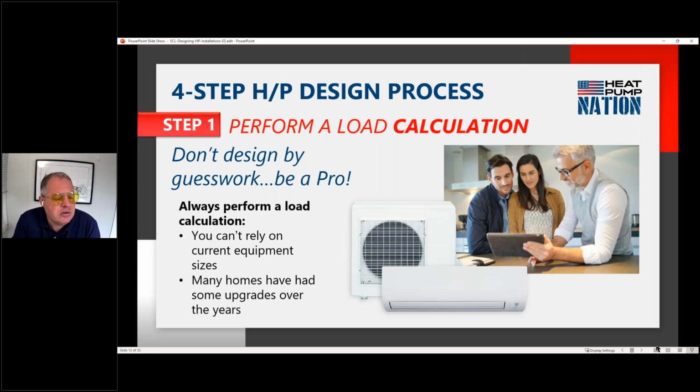But when you do the load calc, you'll quickly discover that the heating requirement of the home on the reasonably coldest design day of the year is 30, 40,000, 50, something like that, maybe 60. And so we don't need these enormous heating systems. We need something that's much more modest. And we just never know until you do the calculations. And so that's why we always start with a load calculation.